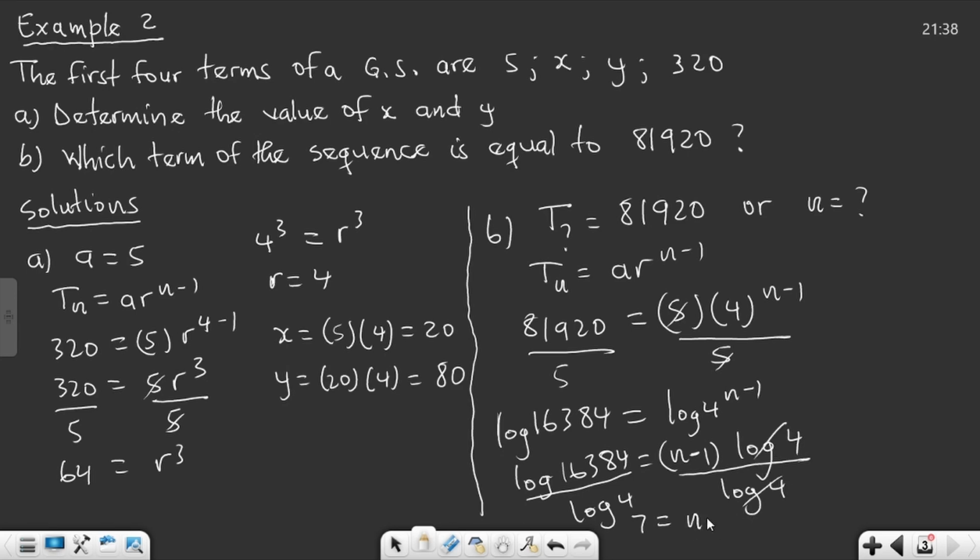So you remain with n minus 1 this side. So you bring your negative 1 to the other side. So you'll have 7 plus 1 is equal to n, and n will be equal to 8. So which term of the sequence is equal to 81920? So it is n equal to 8, or T8. So T8 is equal to this value.